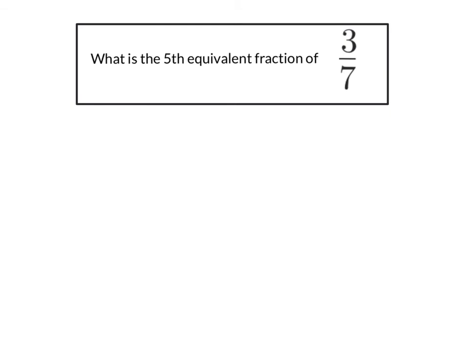What is the fifth equivalent fraction of 3/7? So I'm finding the first, the second, third, fourth, and fifth. So the first is obviously going to be 3/7. Now to get to the second, what I want to be doing is times in by 2.